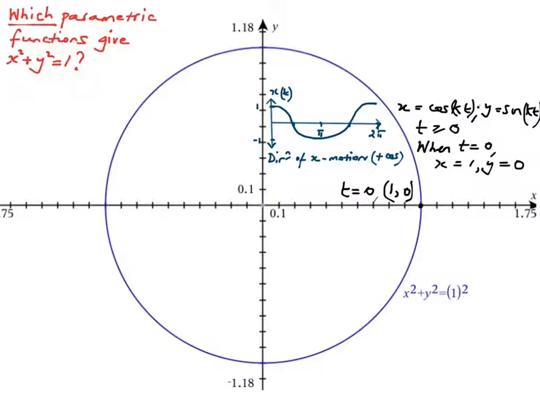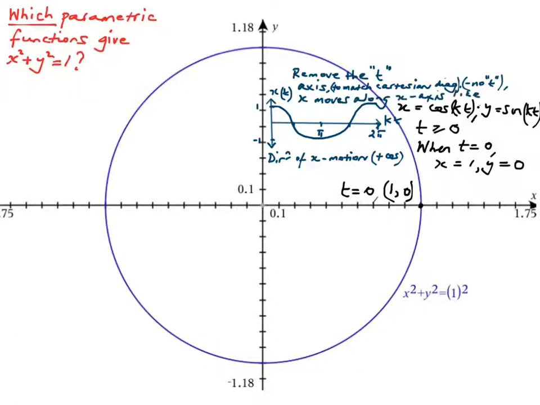Now, if we strip away that time axis and just look at the x bobbing along its own axis, let's see what we get. We'll remove the t-axis and just see what x does on its own axis, because we have to translate this into both the x and the y motion without the t, in the Cartesian picture.